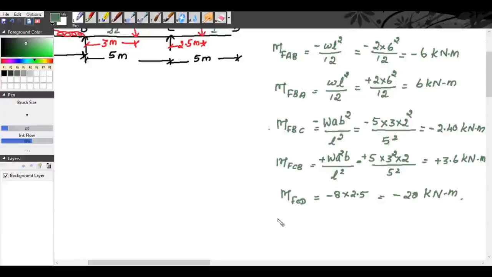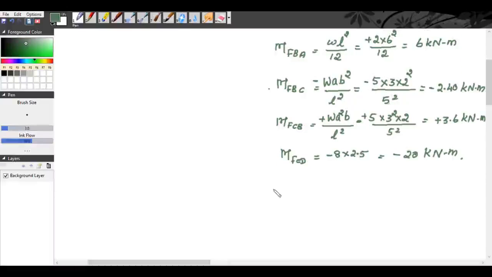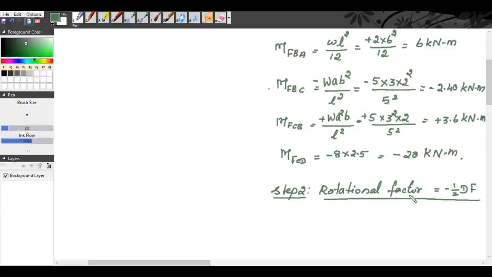Our second step is to determine the rotational factors. So step 2, determination of rotational factors. We know the formula, rotational factor will be equal to minus half of the distribution factor. So for finding the distribution factor, we will consider the intermediate joints.